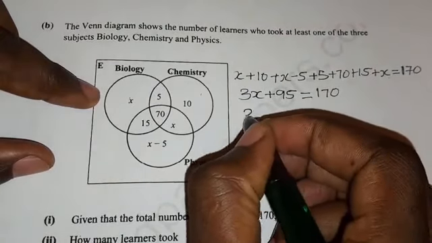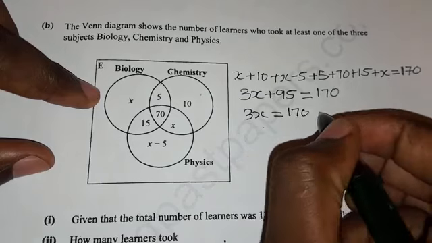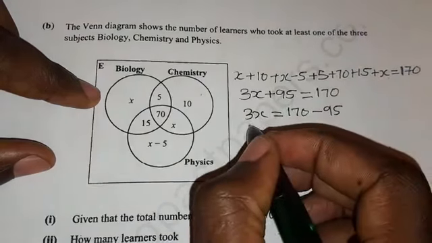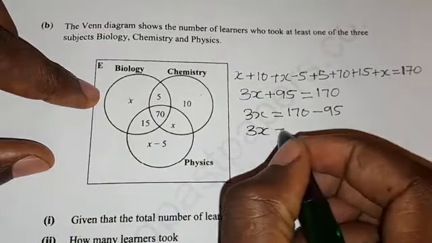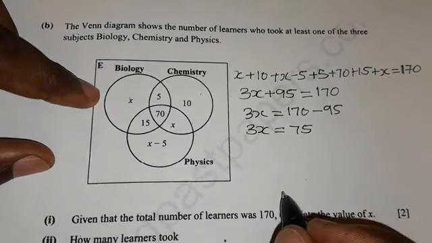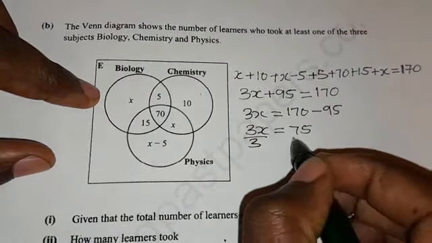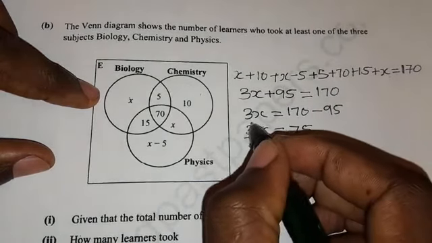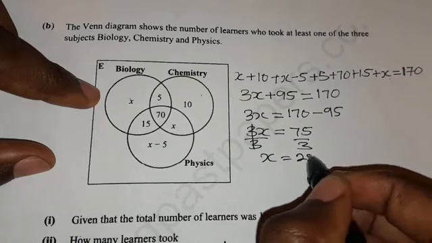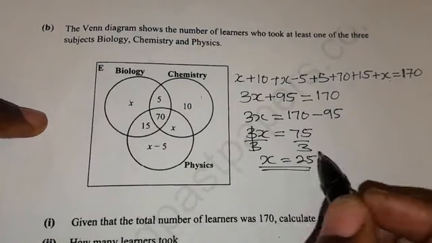So we are going to have 3x is equal to 170 minus 95. And this gives 3x is equal to 75. To get the value of x, divide both sides of this equation by 3. Then x is equal to 25. So this is the value of x.